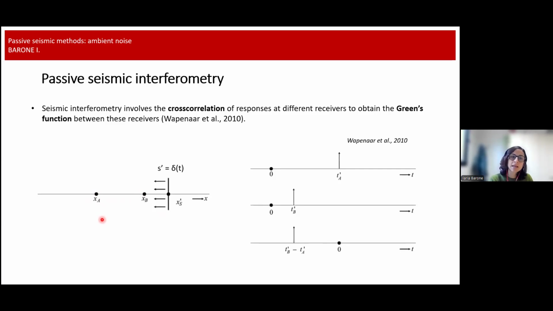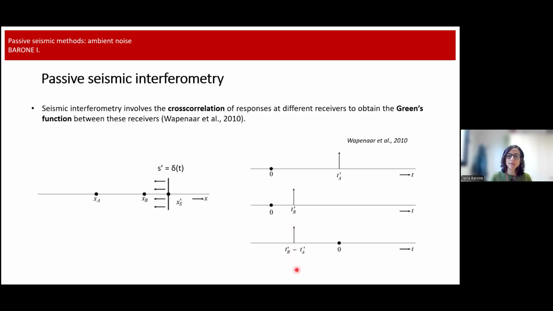Now let's take the case of a plane wave propagating from right to left. Again, this source is a Dirac. This is the signal recorded in XA, and this is the signal recorded in XB. If we cross-correlate them, we obtain a Dirac at a negative time.